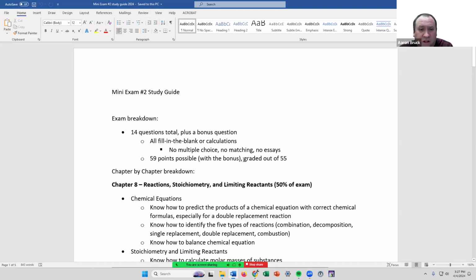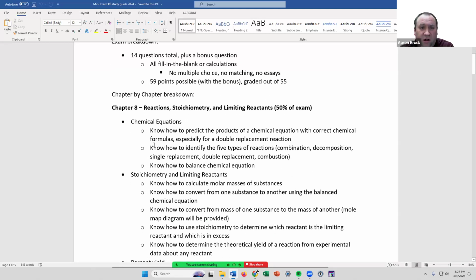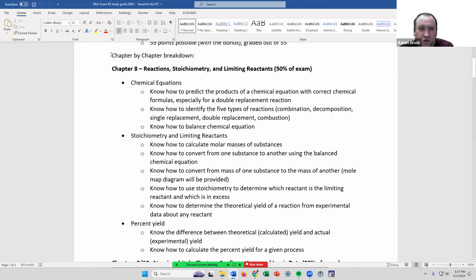Now, going on to the chapter by chapter breakdown, what you should be able to see is that half of this exam comes out of chapter 8. That is because chapter 8 is probably the one that we spent the most time on.